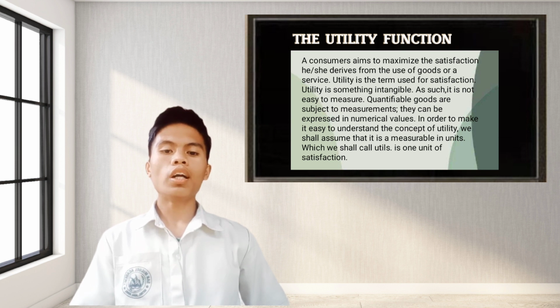Quantifiable goods are subject to measurements. They can be expressed in numerical values. In order to make it easy to understand the concept of utility, we shall assume that it is measurable in units, which we shall call utils. One util is one unit of satisfaction.